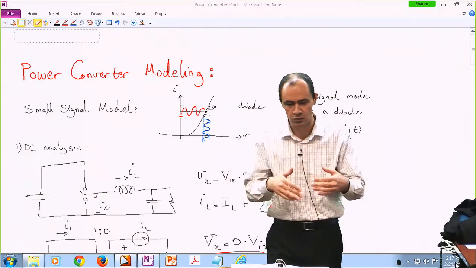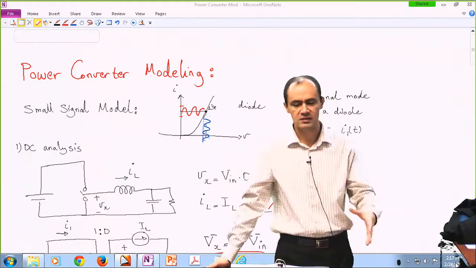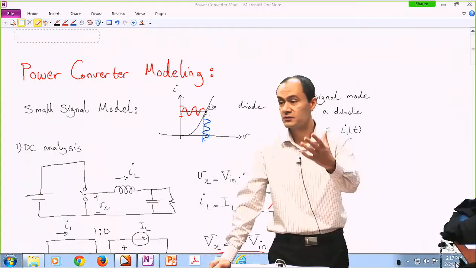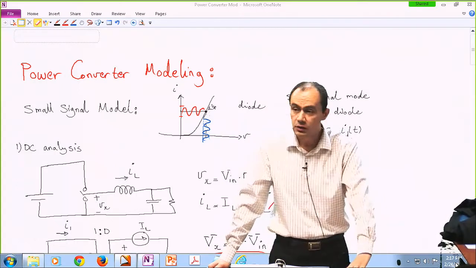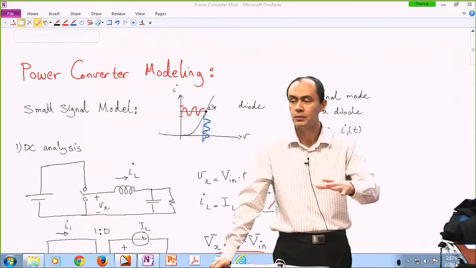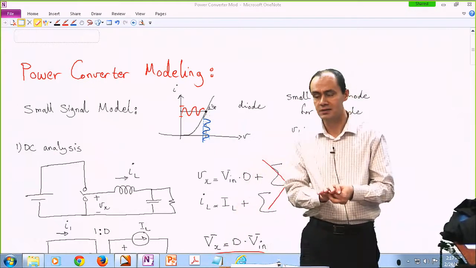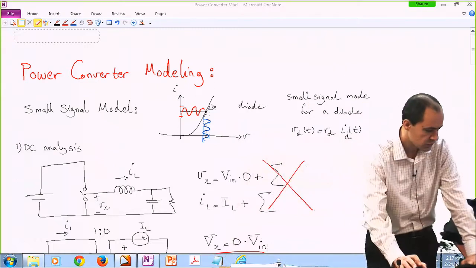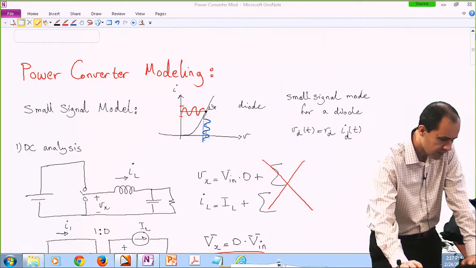Or what is the typical DC value for the duty cycle, for instance 40% or something like that. And then we start perturbing our converter around that particular operating point, and that's why we call it the small signal model.